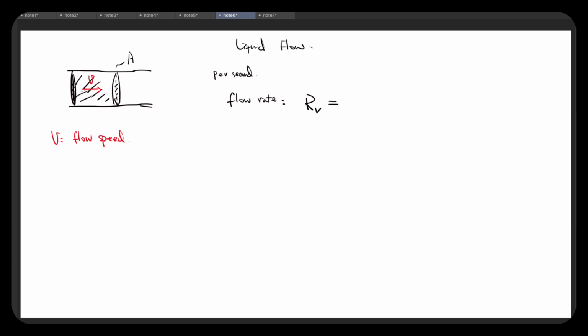It means that in 1 second, the liquid is going to move v distance. So the liquid inside this shaded volume can go through this area A, and that volume is given by v times A. That's why the liquid flow rate is defined as the liquid flow speed times the area A.